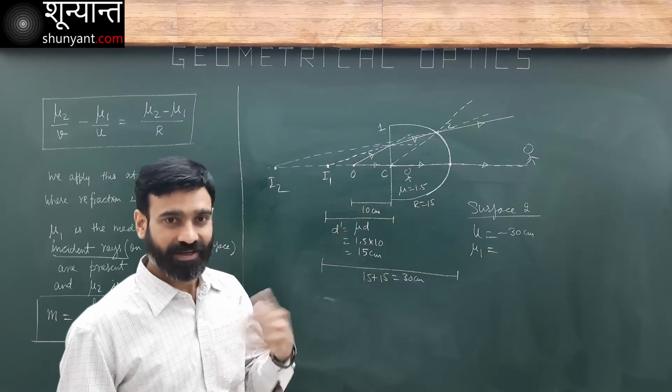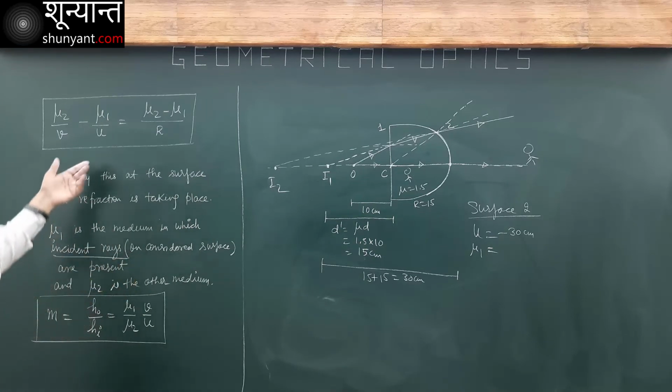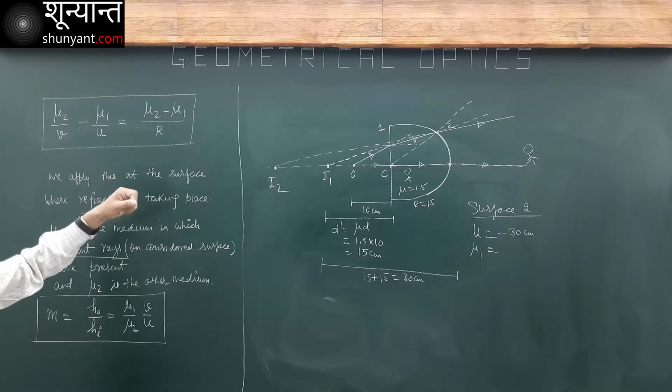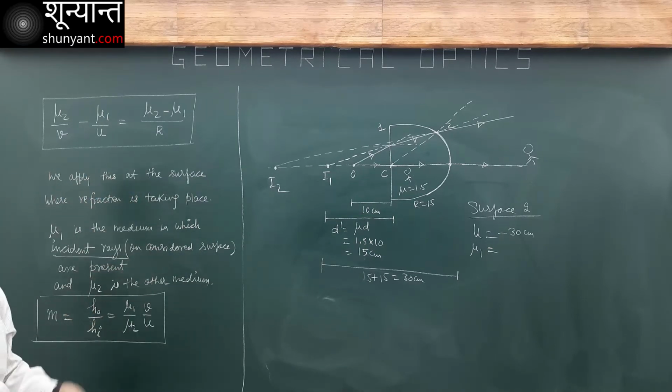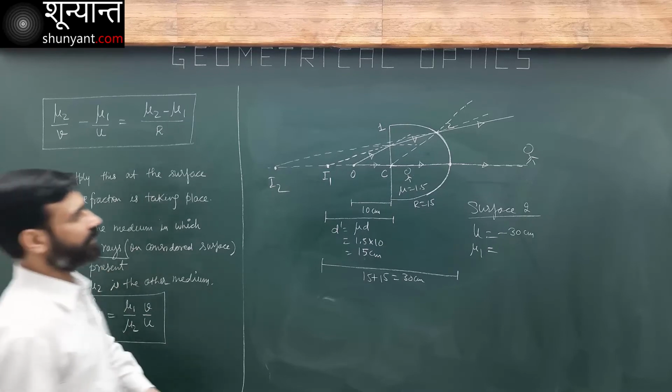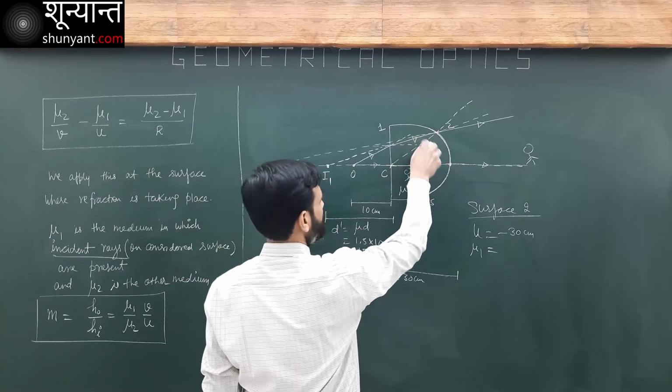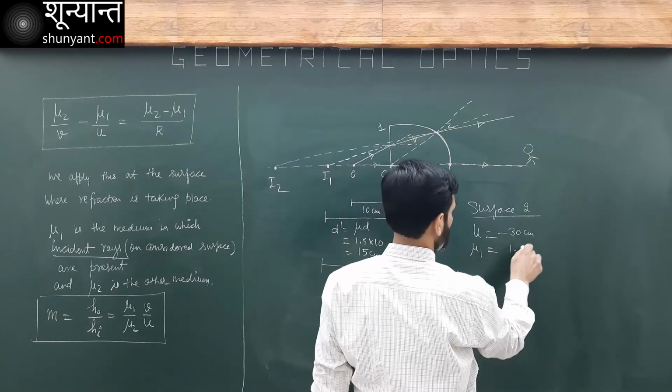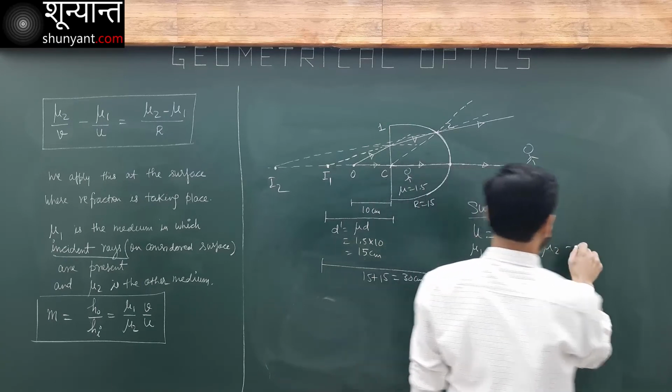That's why this confusion happens. So this is a very concrete, unambiguous way of finding mu1 and mu2. Mu1 is the medium in which incident rays are present. At this surface, the incident ray is present in this medium here, so mu1 becomes 1.5.